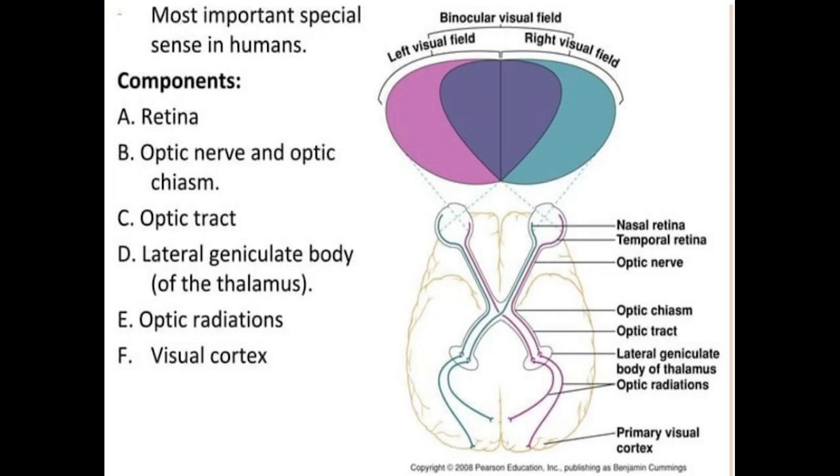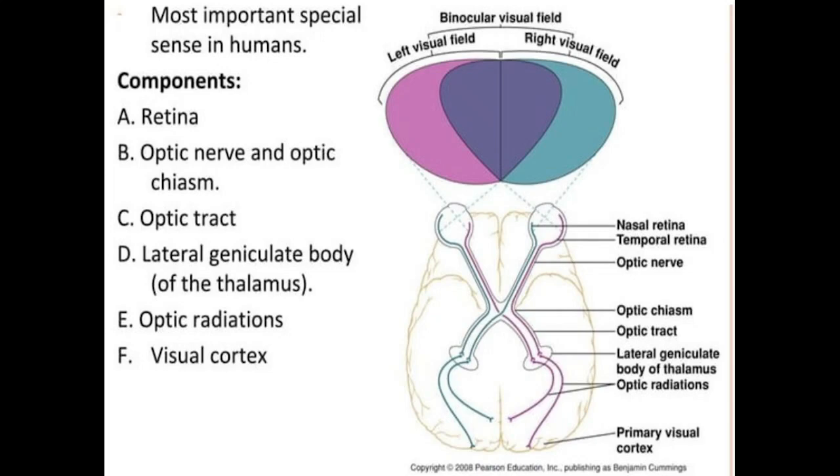The optic nerve passes through the optic chiasma, where some fibers cross over to the opposite side of the brain and others remain on the same side. Next, the signal travels through the optic tract to various parts of the brain, including the lateral geniculate nucleus in the thalamus and the primary visual cortex in the occipital lobe.